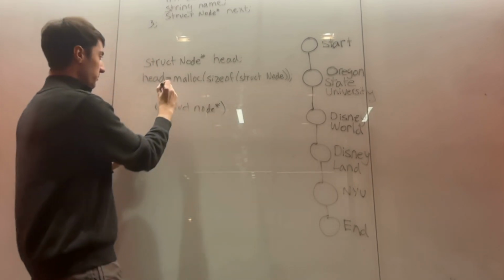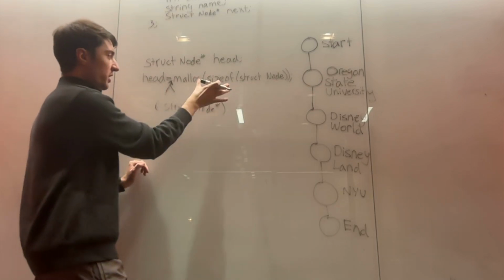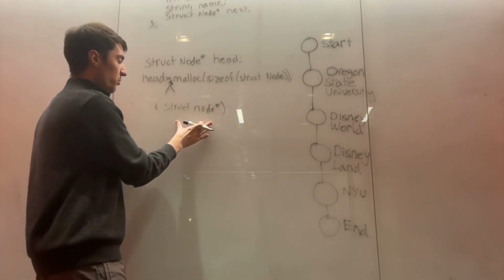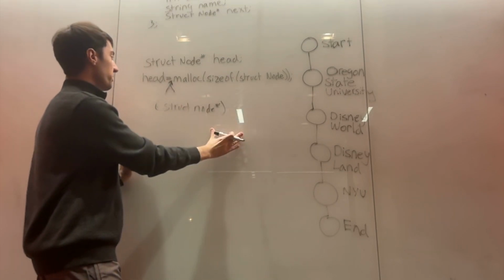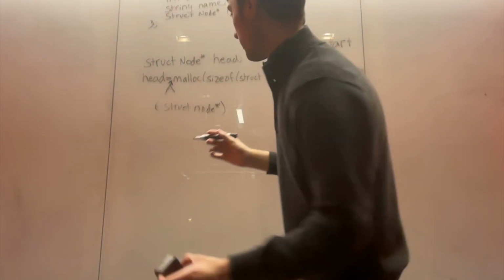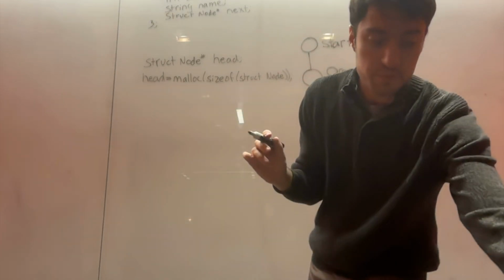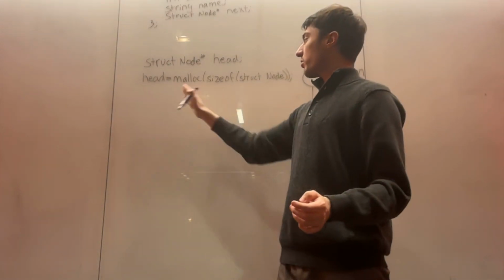So I should have put that right there. Okay, so we'll take that memory address and then we cast it as a struct node pointer, and then we can store it into the head variable. But I'm gonna actually erase that because it's a little bit messy. Okay, so bam, we created a head.